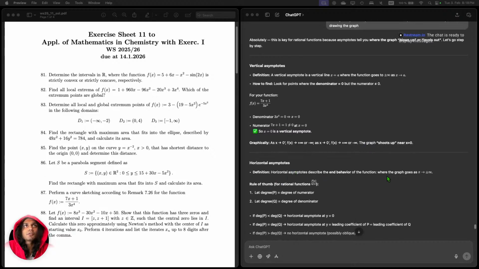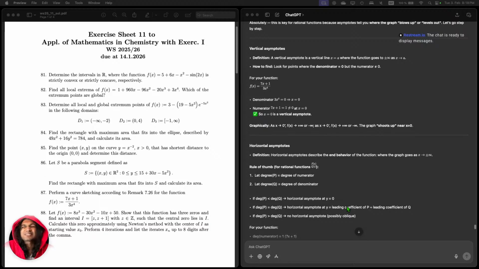Describe the end behavior of the function, where the graph goes to. Rule of thumb for rational functions: let p be the degree of the numerator and q the degree of the denominator. If the degree of p is greater than the degree of q, then the degree of the denominator is higher than the numerator's, horizontal asymptote at y equals 0.